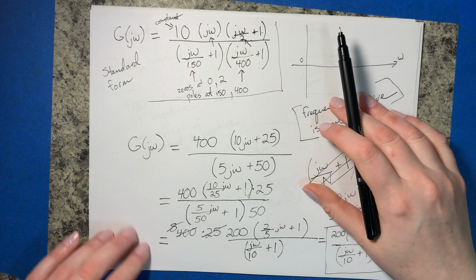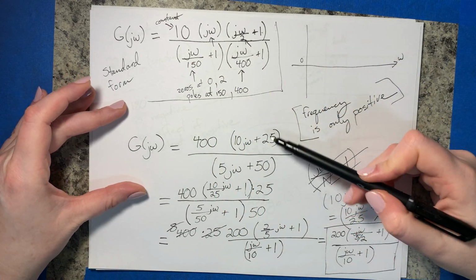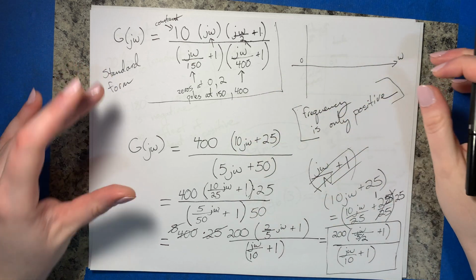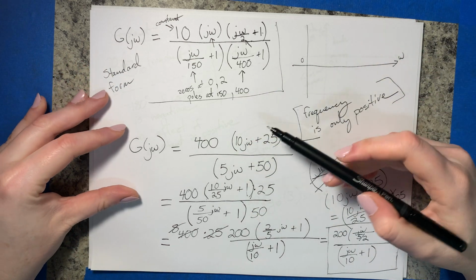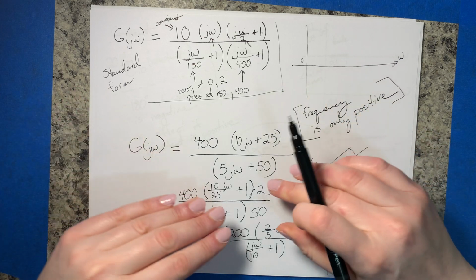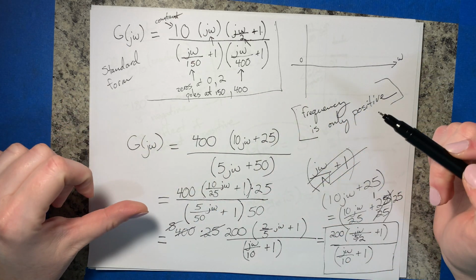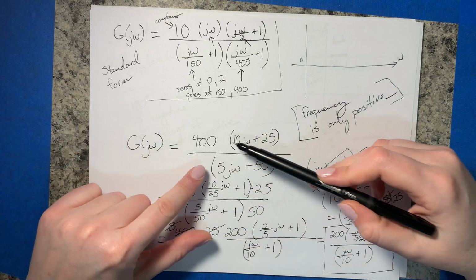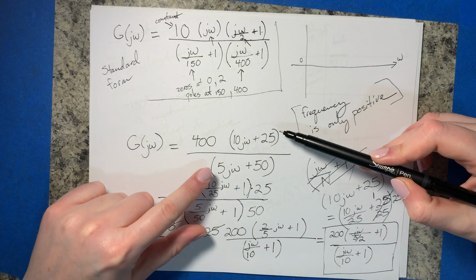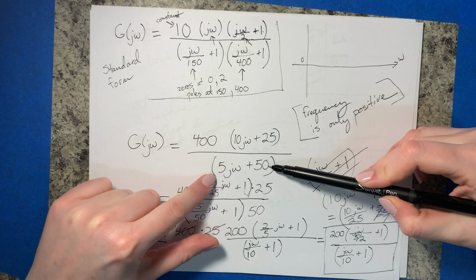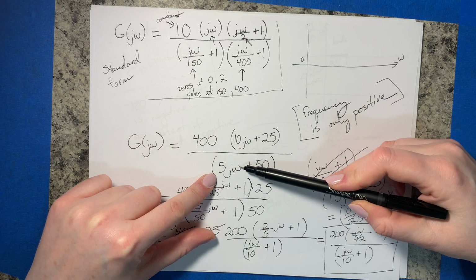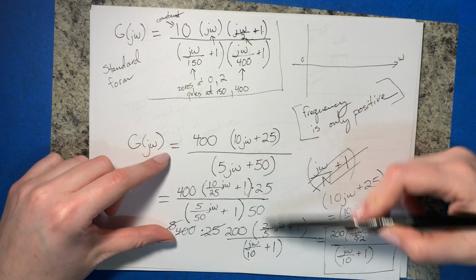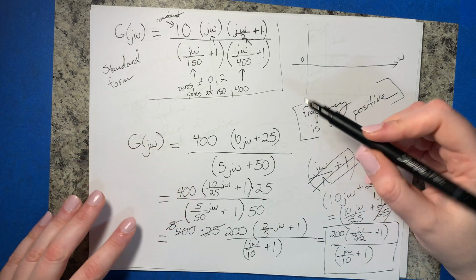Okay, so let's talk about an example, and I've already worked it out here. This is an example where I did not start in the standard form. I have made this substitution of j omega, and I end up with something like this. You can see I have 1 zero and 1 pole, but it's not immediately obvious what they are. I have to do a little bit of calculation first.